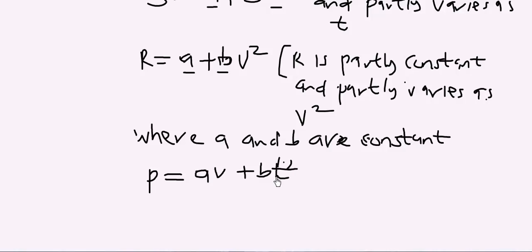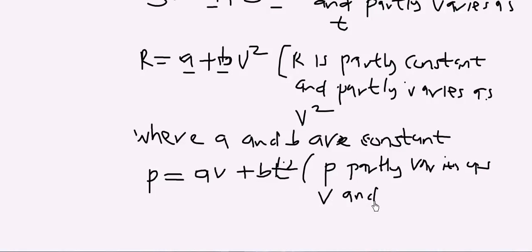In this case, we can say P partly varies as V and partly varies as T square. So P here partly varies as V and partly varies as T square, where A and B are constants.